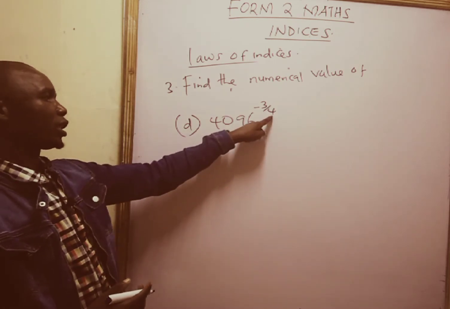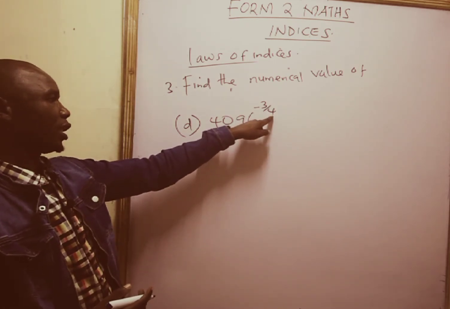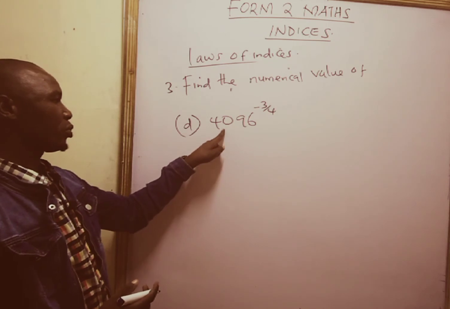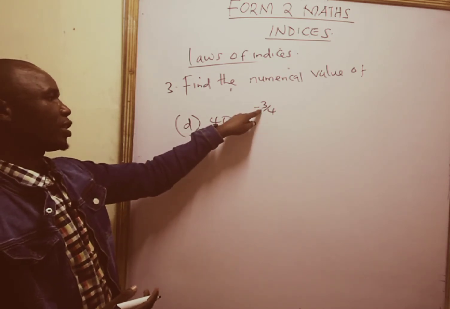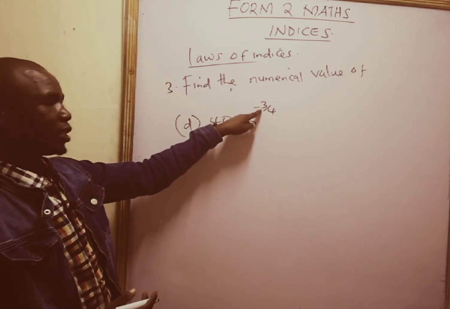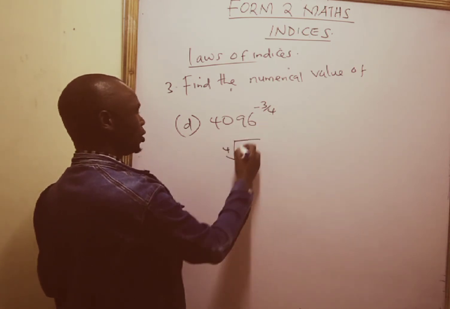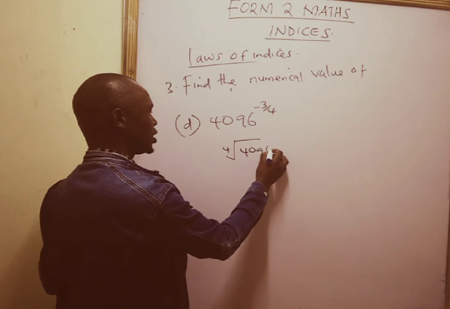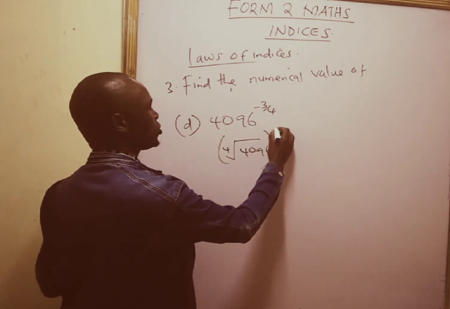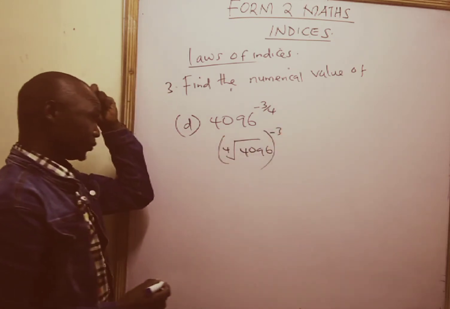What is going to dictate is the denominator. This is 4, meaning the fourth root of 4096, then everything raised to power negative 3. This means the fourth root of 4096, then everything we raise it to negative 3.